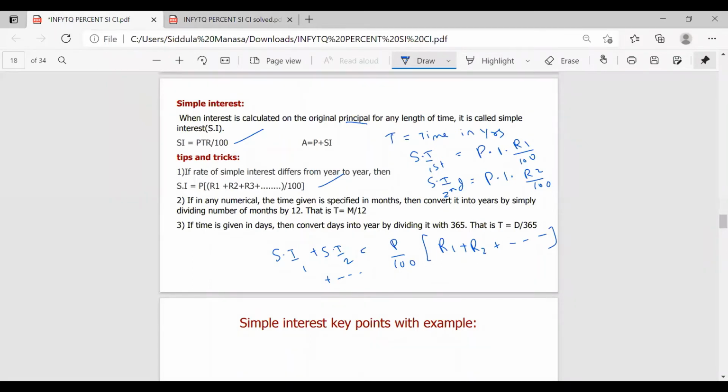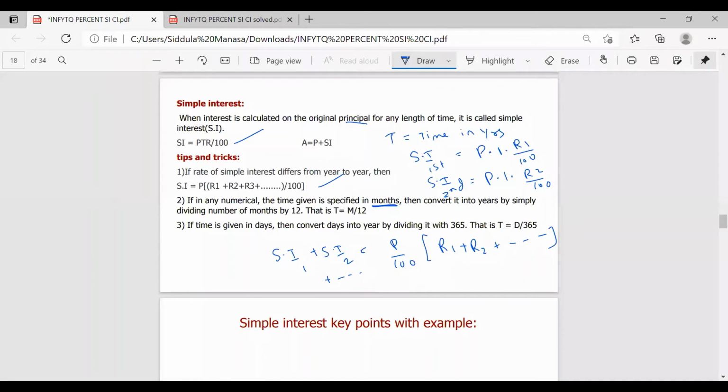If in any numerical the time is given in months, suppose 4 months is given, you cannot write 4 months, because the time period here is in years. So you divide 4 months by 12. 4 by 12 is 1 by 3 years, so 4 months is replaced with 1 by 3.